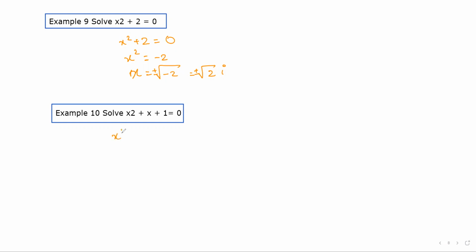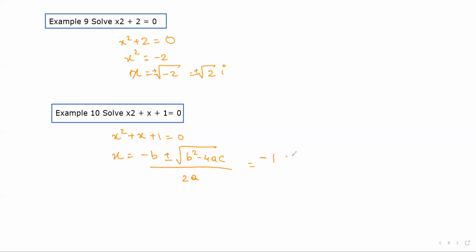Second, solve x square plus x plus 1 is equal to 0. We know that we cannot solve this by the middle term splitting method. One cannot be split so that the addition is 1 itself. Therefore, you have to use the quadratic formula. Quadratic formula is x is equal to minus b plus minus root of b square minus 4ac upon 2a.